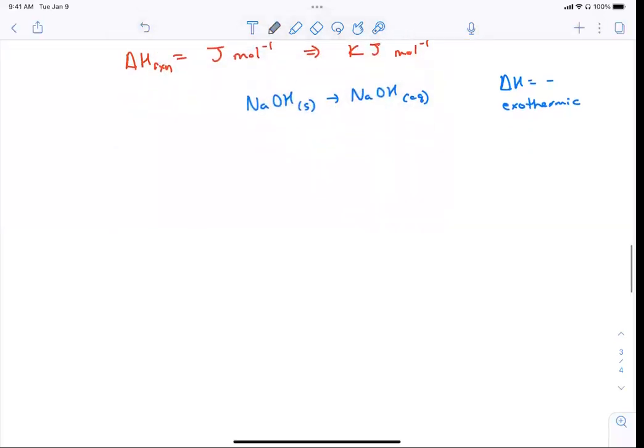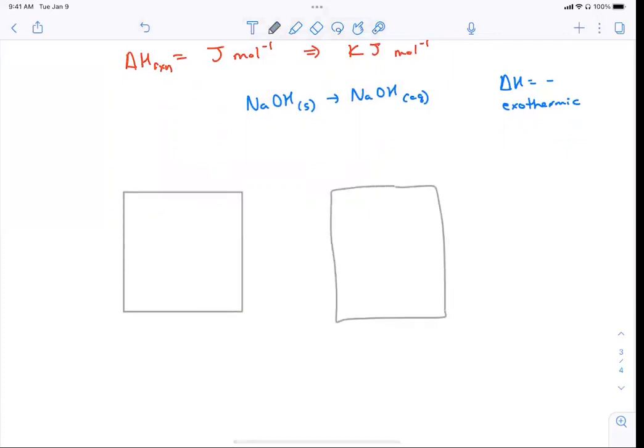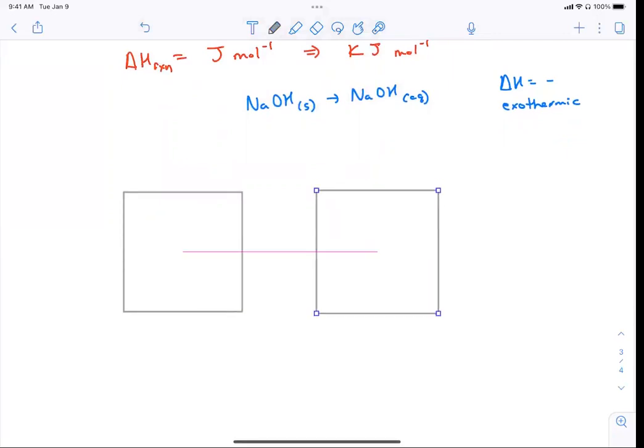How do we do this as a conceptual problem? Let me give you a scenario. I don't know if it's a question you'd see in every exam, but it's definitely an IB question. Let's pretend we have 2 beakers, and we put 4 grams of NaOH into both of these beakers and let it react.